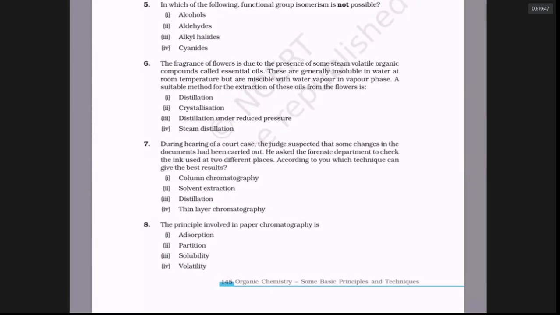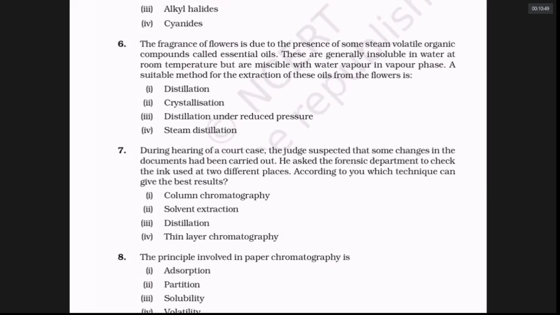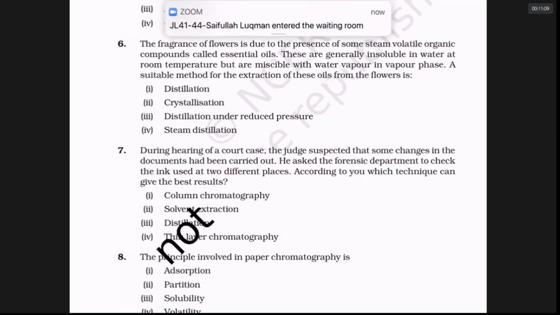If a compound is decomposing at its boiling point, like the glycerin from the spent lye in the soap industry, the compound which decomposes at its boiling point is separated by distillation under reduced pressure. If different compounds have different degrees of solubility in a solvent, then they can be separated by crystallization.